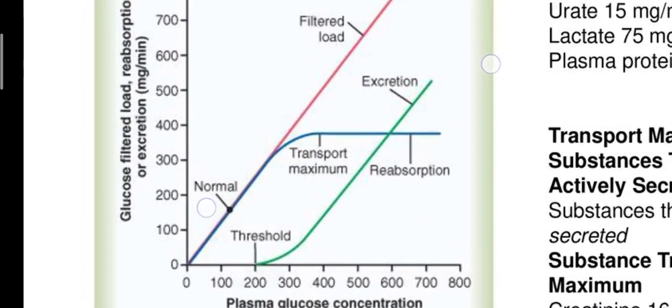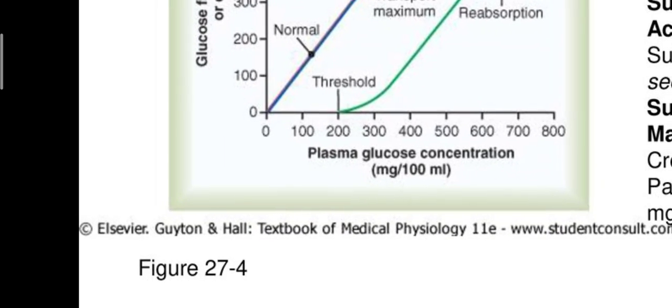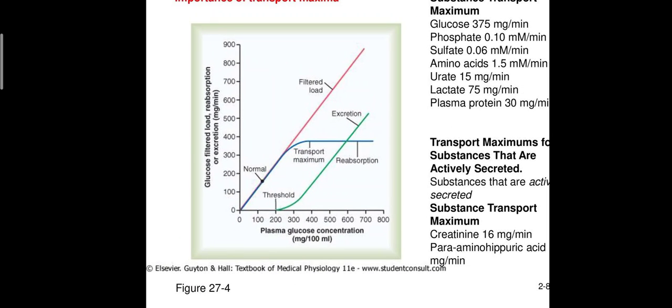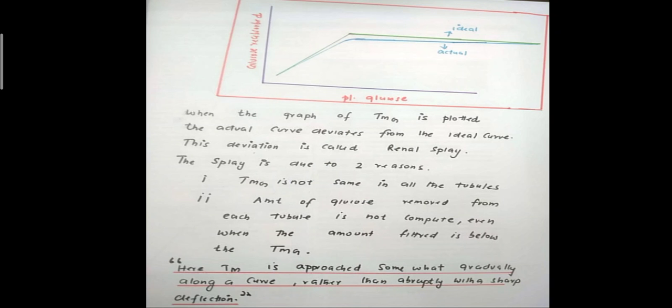However, when plasma glucose reaches 200 mg per 100 ml, that is, filtered glucose of 250 mg per minute, at this point you have glucose in urine. Note that this threshold occurs well below the transport maximum. This is another graph showing the same phenomenon. It is very clear from this diagram.